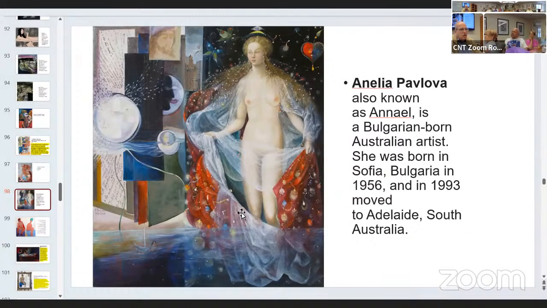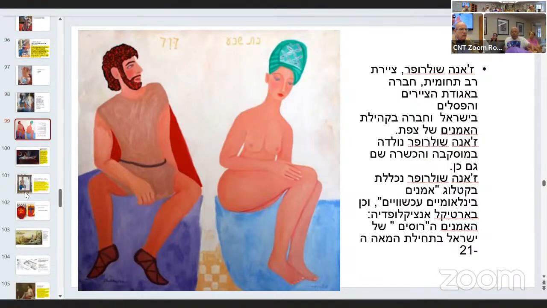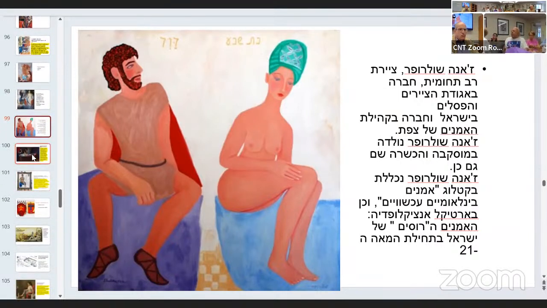And Bathsheba is so pure and innocent, like the most beautiful and pure thing on earth. There's not much sin going on here. There is some midrash. Here's the bird that tempted, that started the whole issue. So there are very interesting motifs here as well. David and Bathsheba, by a Russian Israeli artist, Jana Shulroper.